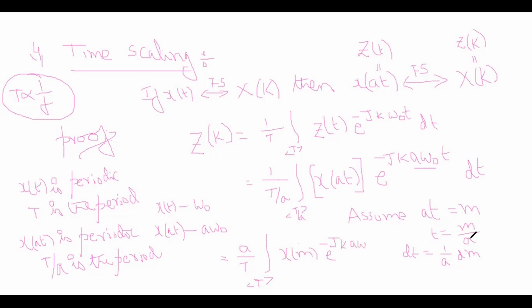What is t here? m by a. And dt is dm by a.